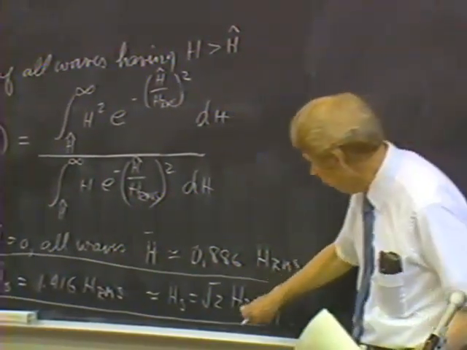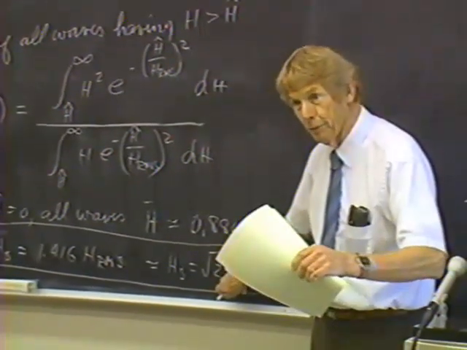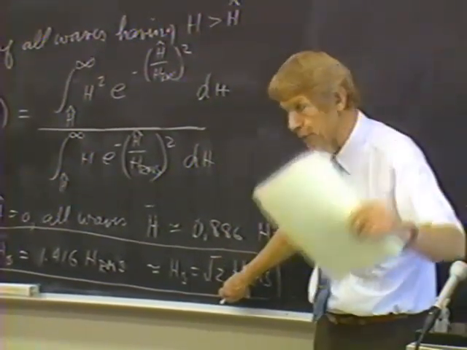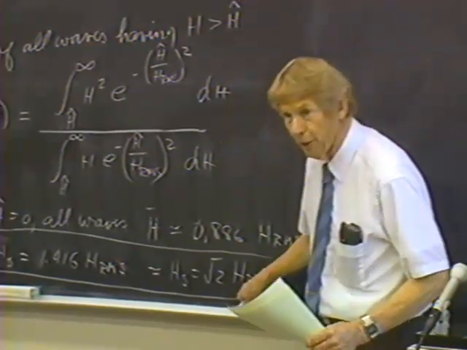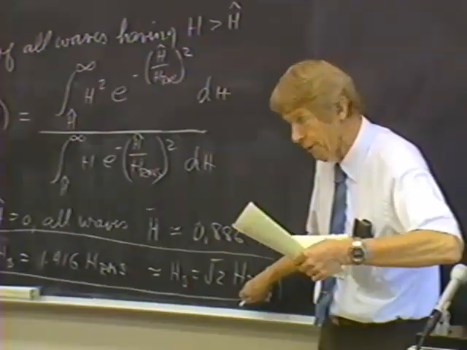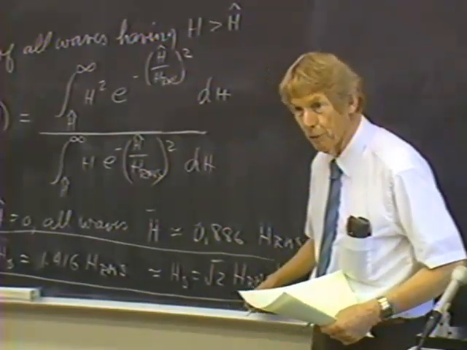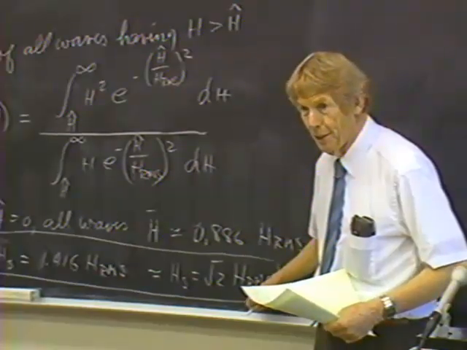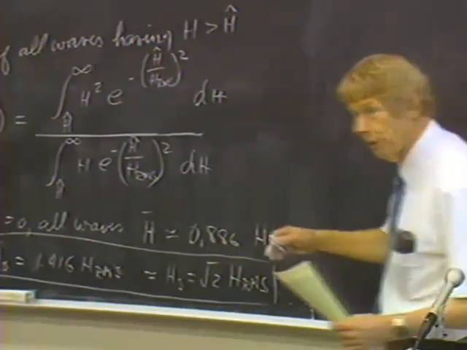And if you're considering only the highest 1/3 of the waves, providing they fit the Rayleigh distribution, then the significant wave height, the average of the highest 1/3, is equal to 1.4 times the root mean square value.